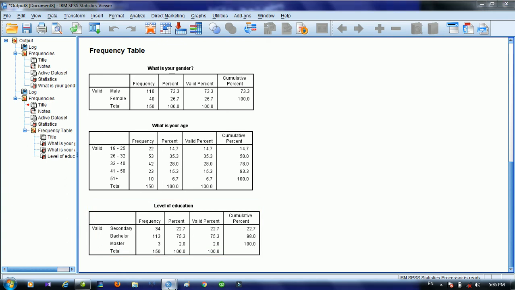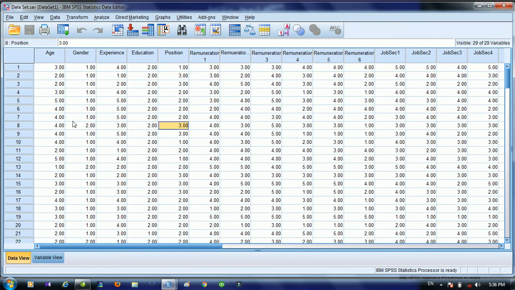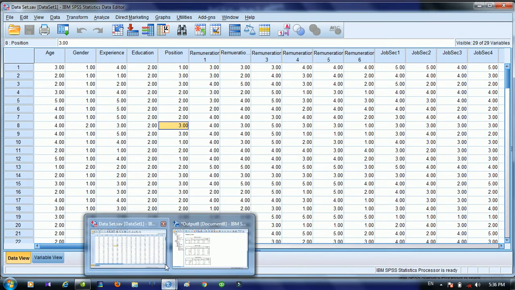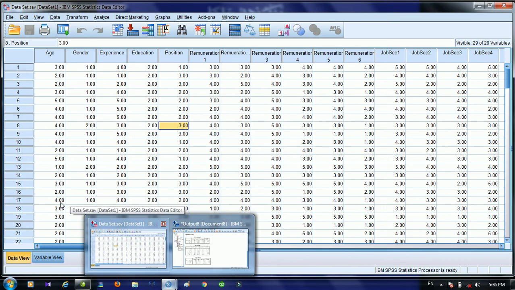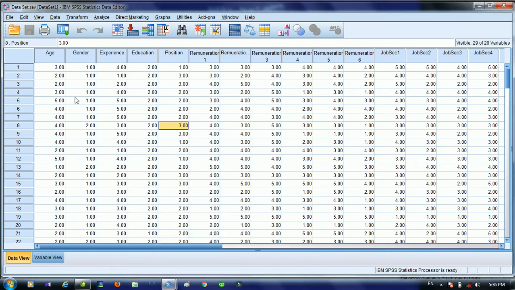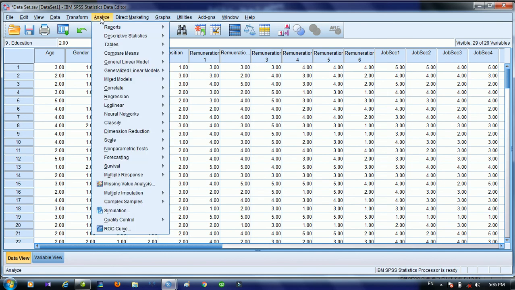Dear students, suppose we find any missing data in this dataset. We do not have any missing data. Suppose let me delete one of the responses from the gender column. So now again I am coming to analyze, then I'll click on Descriptive Statistics, Frequencies.